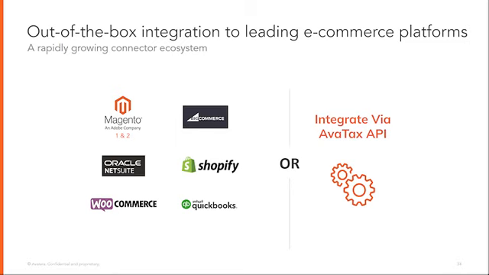We have a lot of pre-built e-commerce integrations into all of the leading platforms. I believe last time I checked, we have over 1,200 different pre-built integrations. And if you have a homegrown solution, we have a robust API that you can plug into to easily integrate as well.